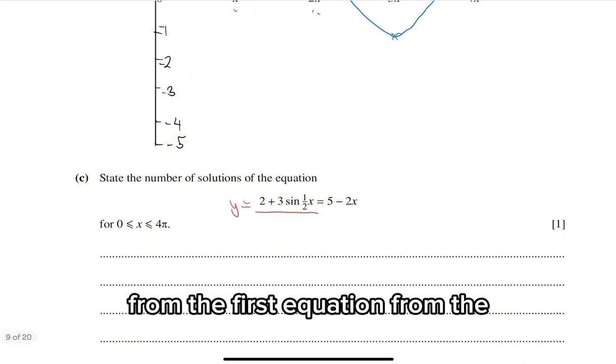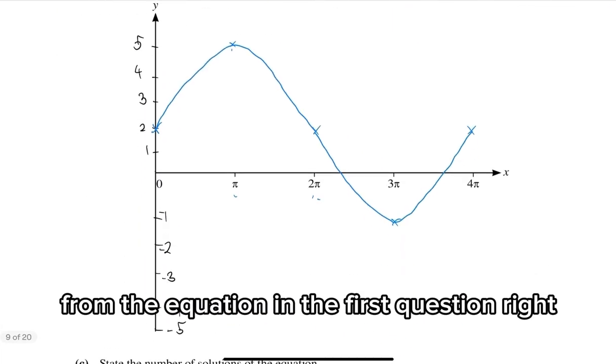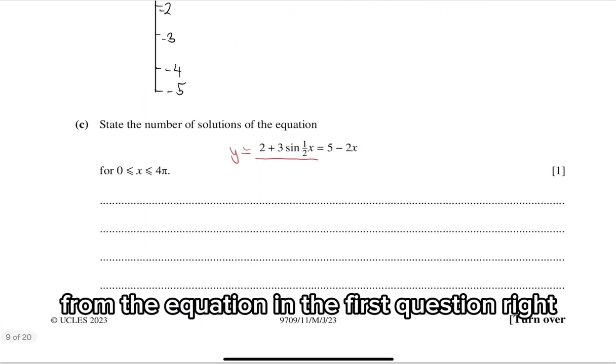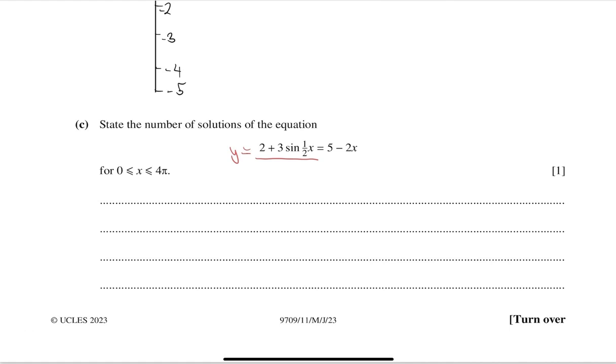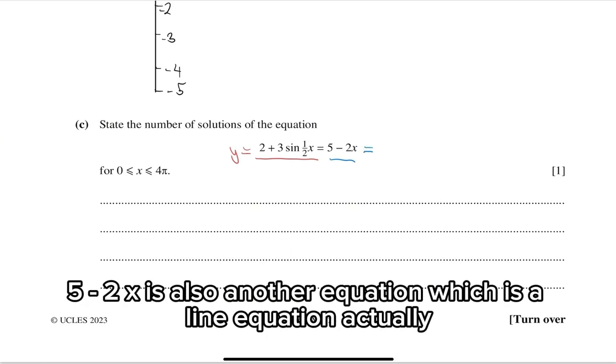From the equation in the first question. And on the right hand side, 5 minus 2x is also another equation, which is a line equation actually.